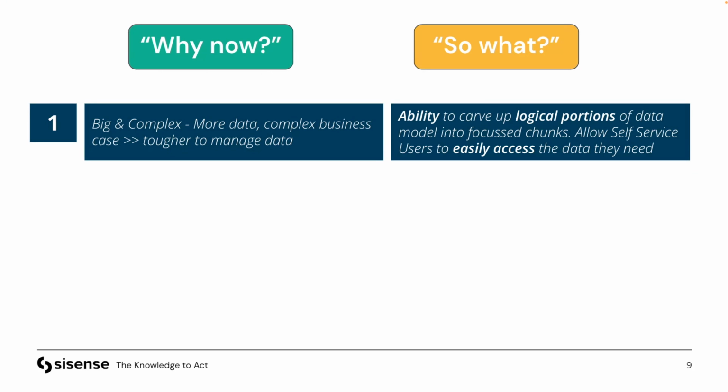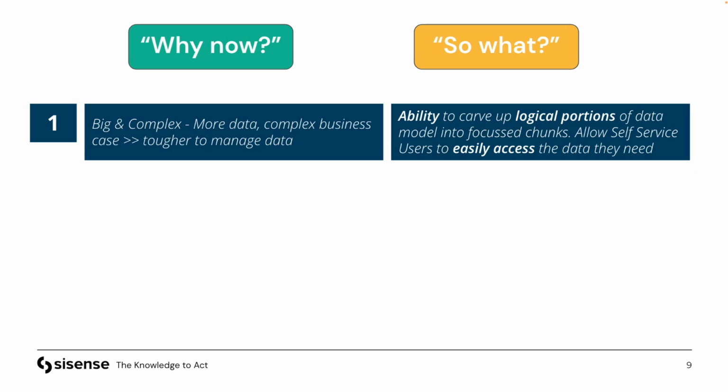So when the data becomes more complex, when the data structure of your strategy becomes bigger, then what is something that we need to do? Of course, you basically need to give the data designers the ability to create logical portions so you can break down a big and complex data set into smaller and more accessible or easily understandable portions of data tables, right?